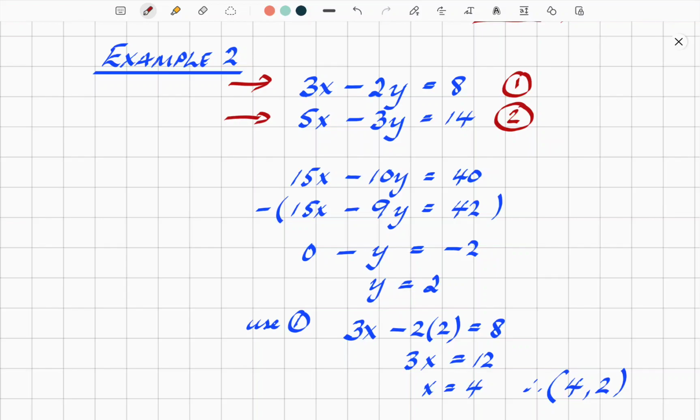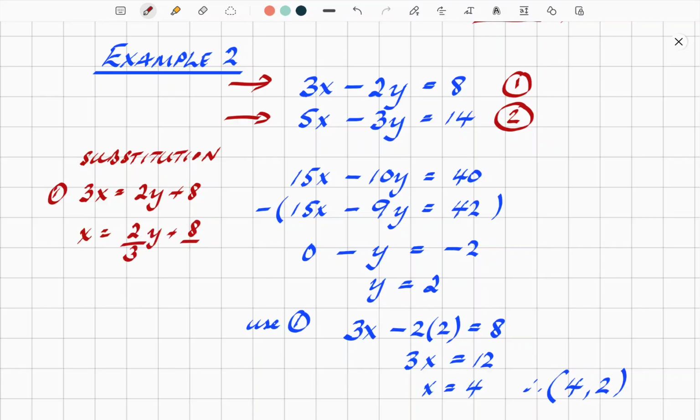Now, if I were to try the substitution method in this, and I just want to say why perhaps it's not a good idea, let's say for equation 1, we rearrange it to get x on its own. So we're going to get 3x equals 2y plus 8, x equals 2/3 y plus 8 over 3.